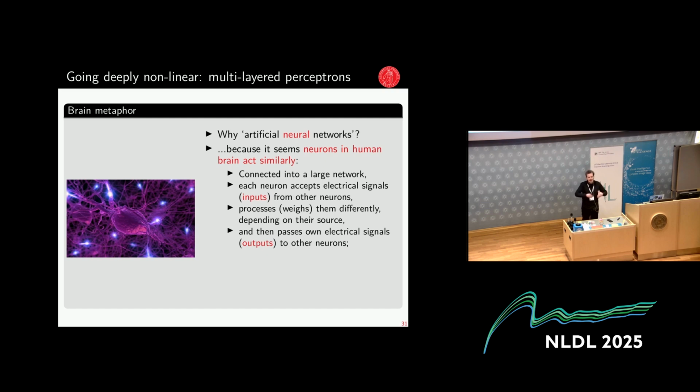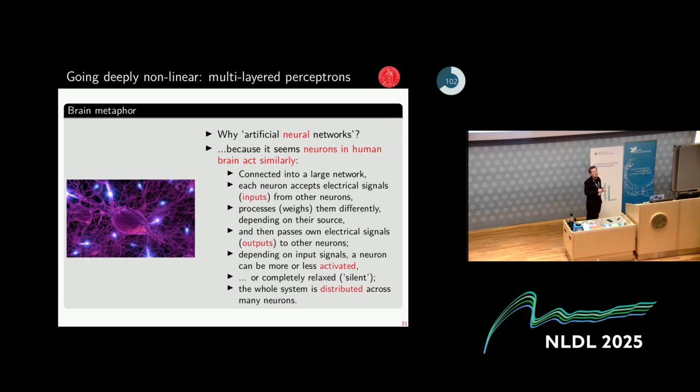And then it passes its own signals to other neurons. And then it all works like some sort of a network, right? And depending on the strength of the input signal, a neuron can be more or less activated. Again, of course, this is a very strong simplification of how our brain functions, but that was the idea back then, at least.